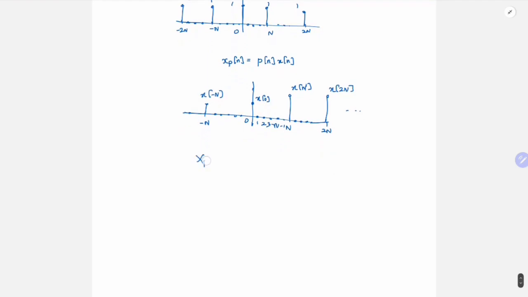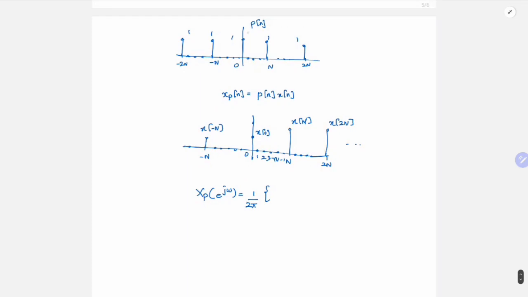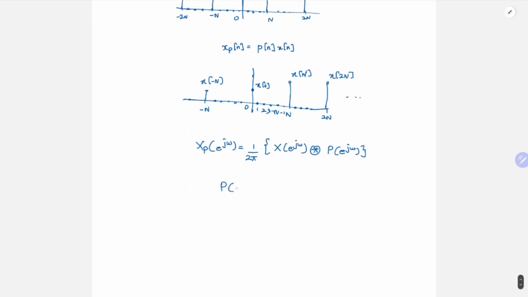And my Xp(e^jω), how will I write? It will be 1/2π times the convolution of the Fourier transforms of x[n] and p[n]. So X(e^jω) convolved with P(e^jω). And P(e^jω), I know it is the impulse train, and its Fourier transform is given by 2π/N summation k equal to minus infinity to infinity δ(ω minus k·2π/N).